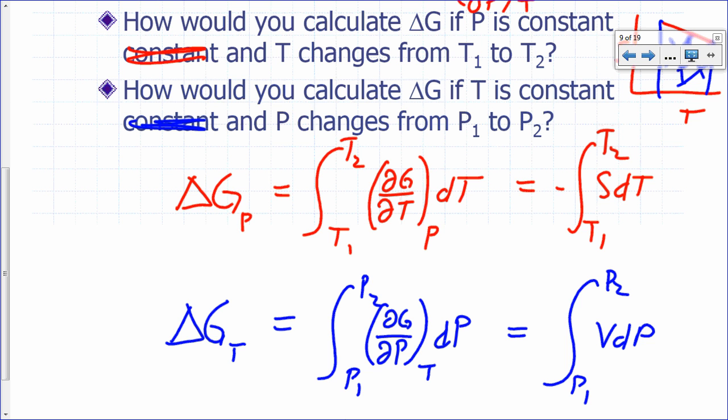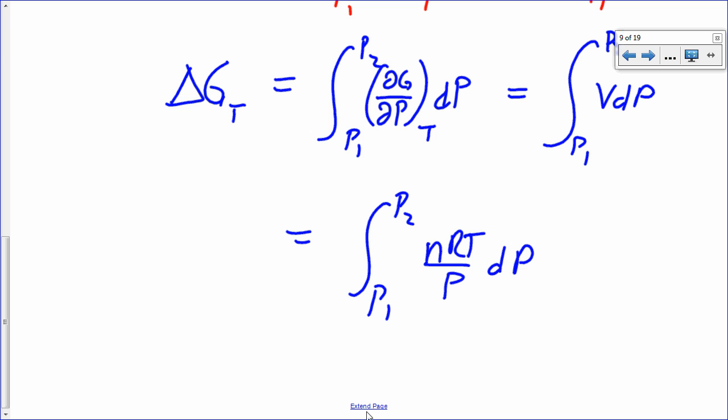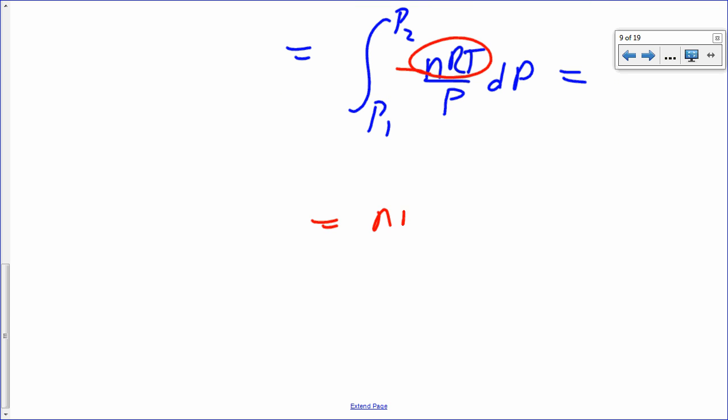This one's easier for an ideal gas. What would it be? Integral from P1 to P2. What is V? nRT over P dP. Can we pull out T from this integral? Constant T. So you can pull out nRT, right? It's a constant. So that's equal to nRT.